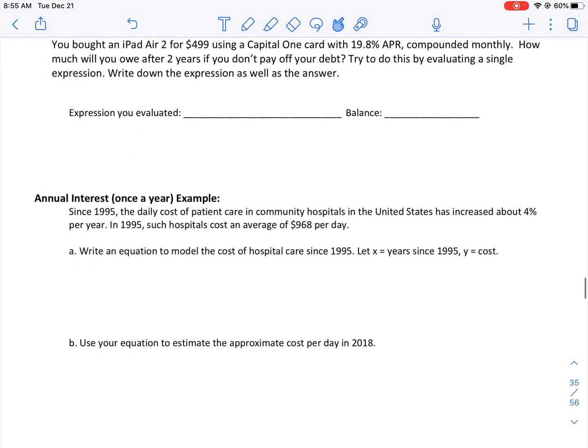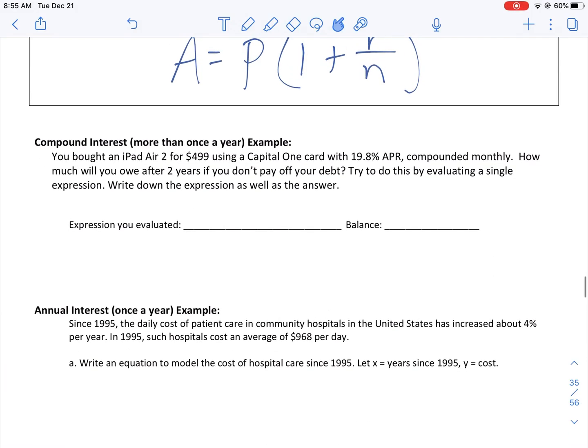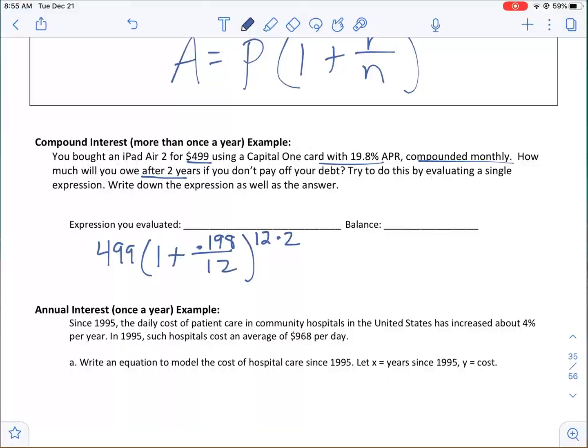So let's take a look at a couple of examples here. More than once a year: you're buying an iPad for $499. It's compounded monthly at this interest rate. How much after 2 years if you don't pay off the debt? So we start with $4.99, 1 plus 0.198 divided by 12, and then 12 times 2.